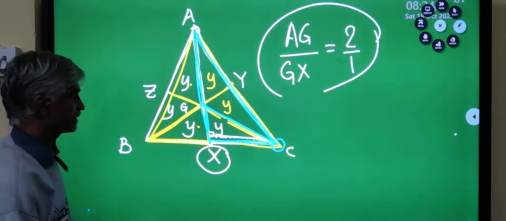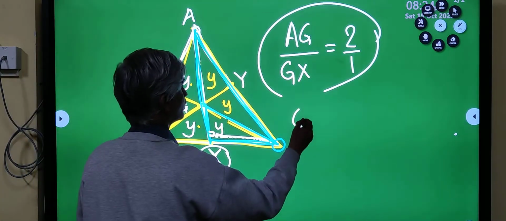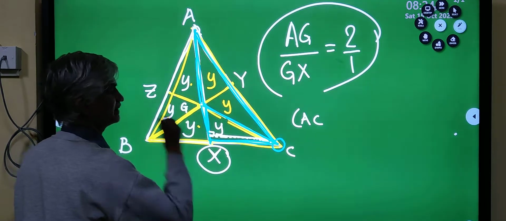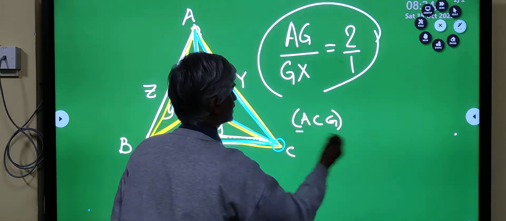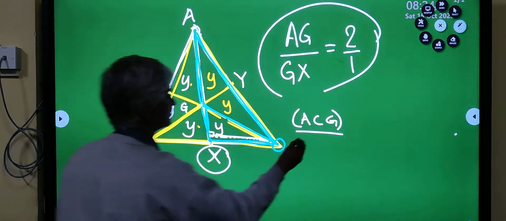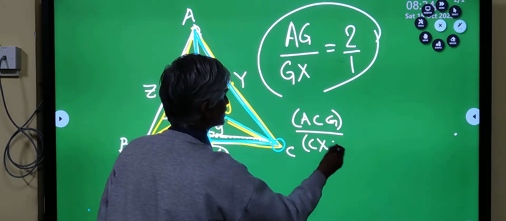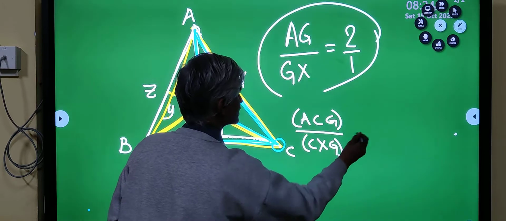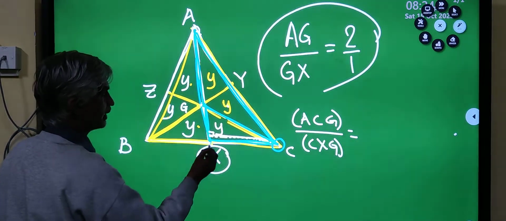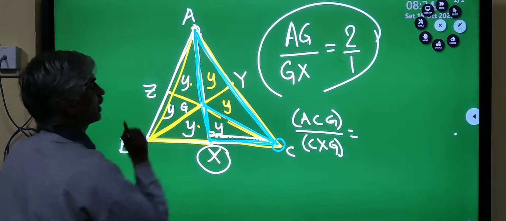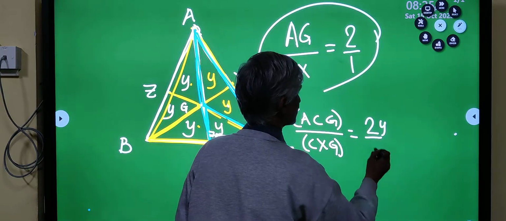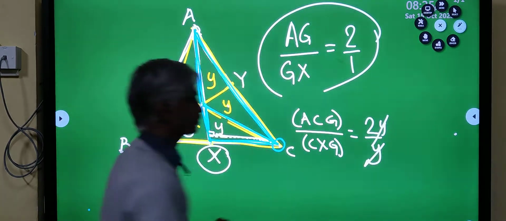So we're almost there. The area of ACG divided by the area of CXG is equal to, as you can see from the picture, 2y divided by y, that is 2:1.